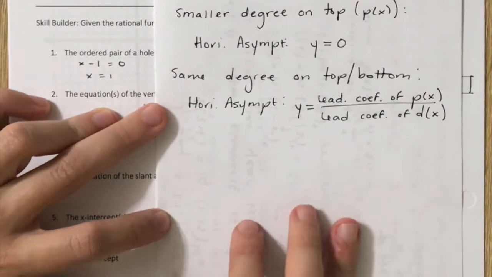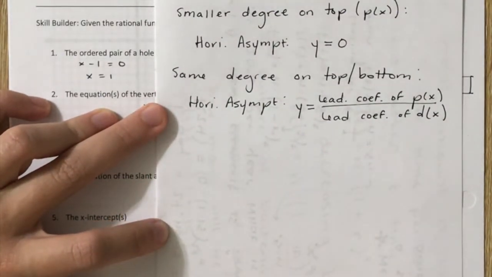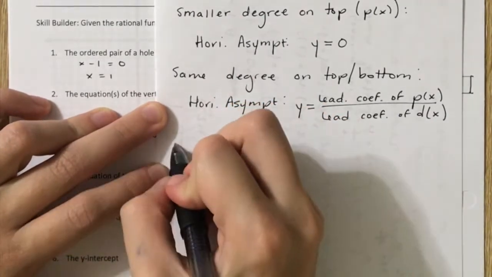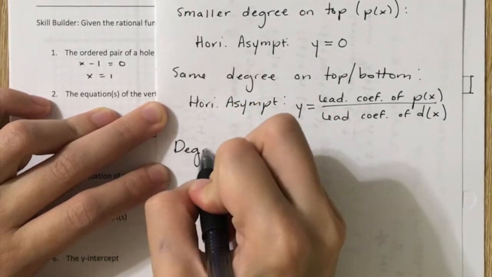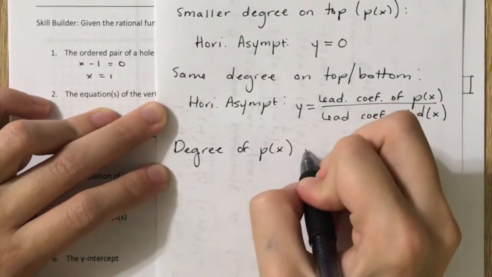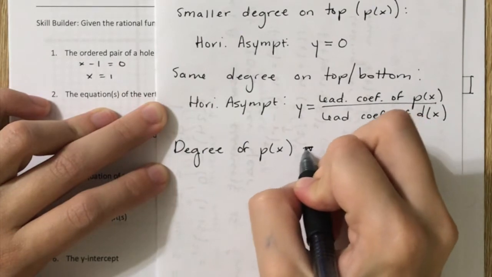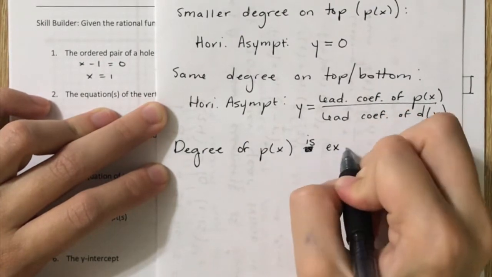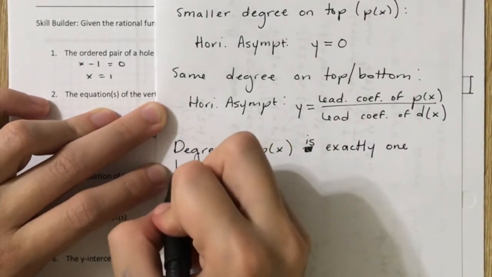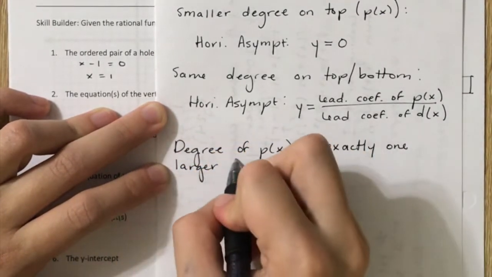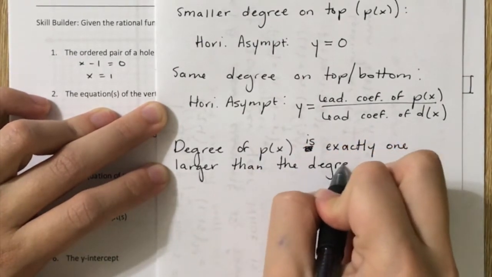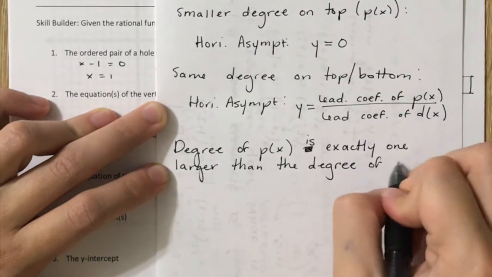And the last case that we talked about, and these are all of the cases that we'll see for this class, was when the degree of the top, p of x, is exactly 1 larger than the degree of d of x.